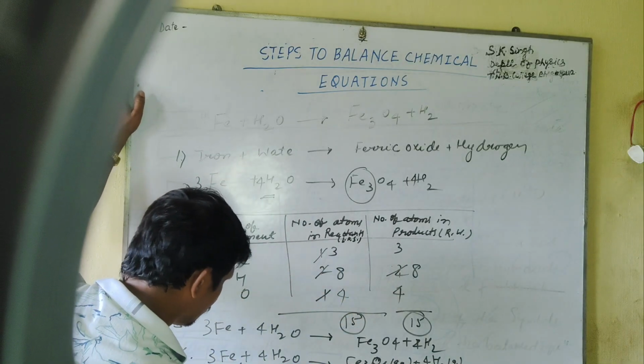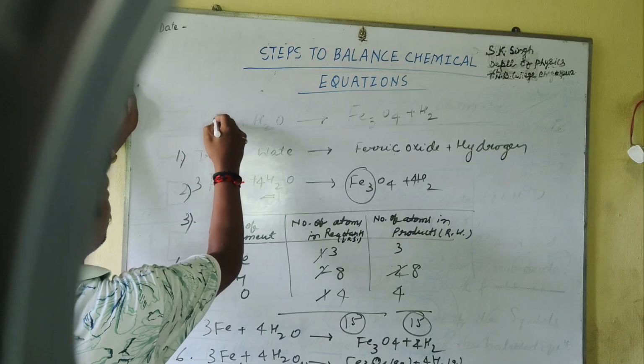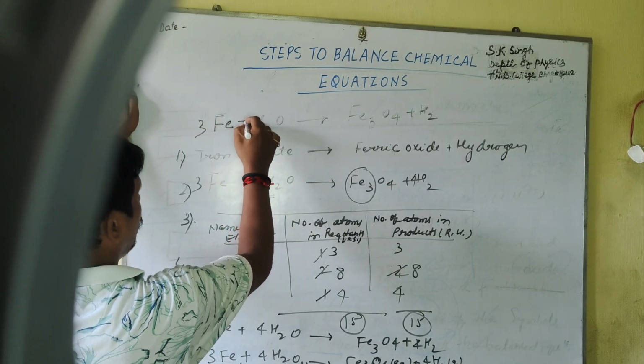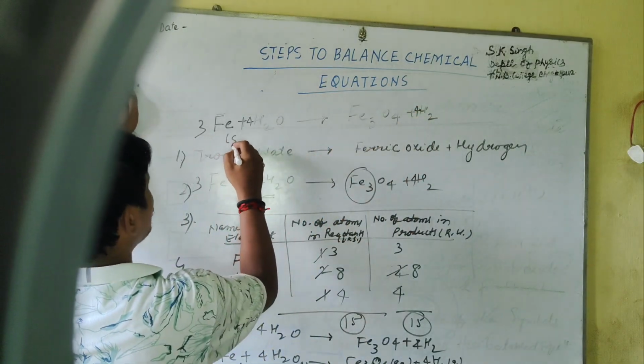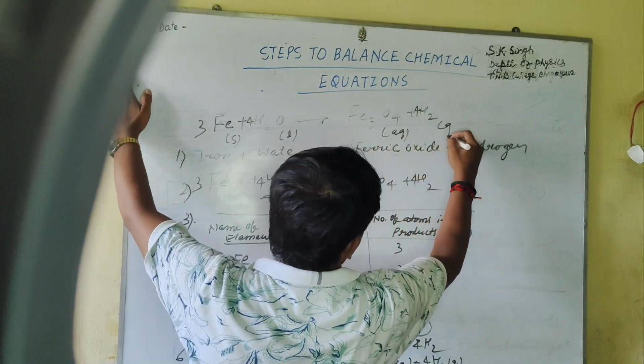Here I get solid and this is liquid. Finally write down the equation with states: that is solid, that is liquid, that is aqueous and that is gas.